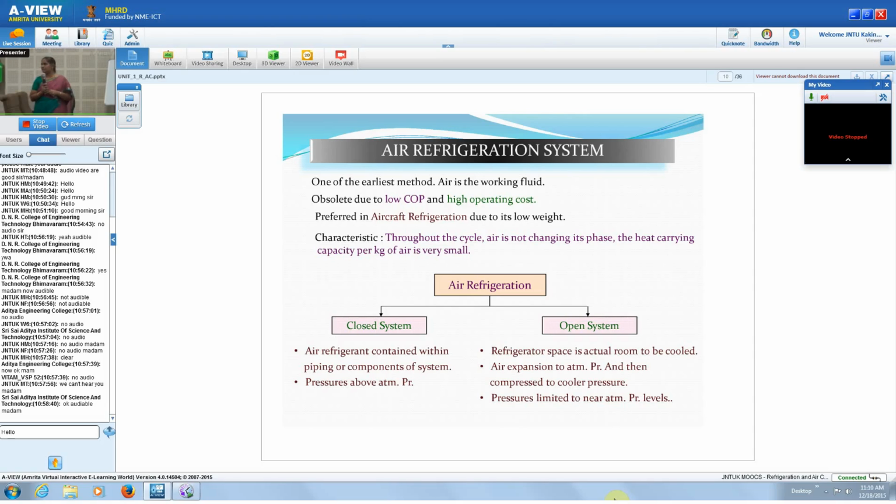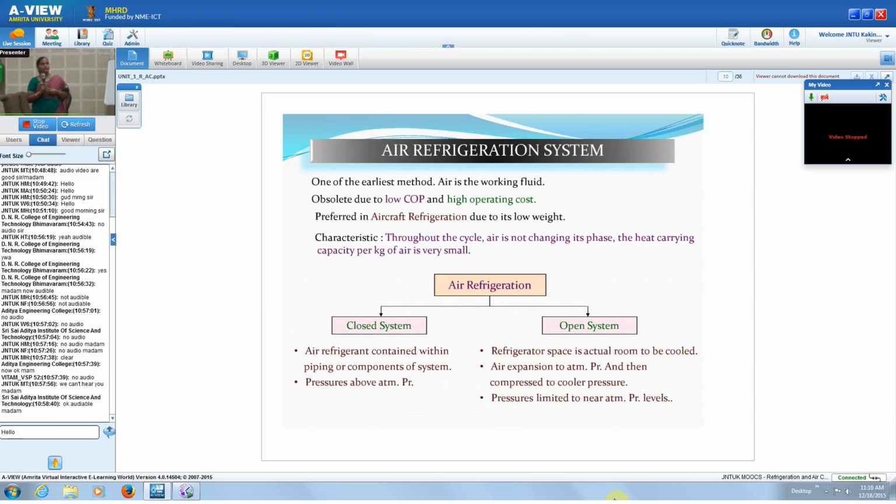Air refrigeration is mainly preferred in aircraft refrigeration, where there is a lot of scope, because the aircraft will be moving at high pressure. With that we are able to get the required refrigeration or air conditioning in the aircraft. So let us see aircraft refrigeration in the next class.